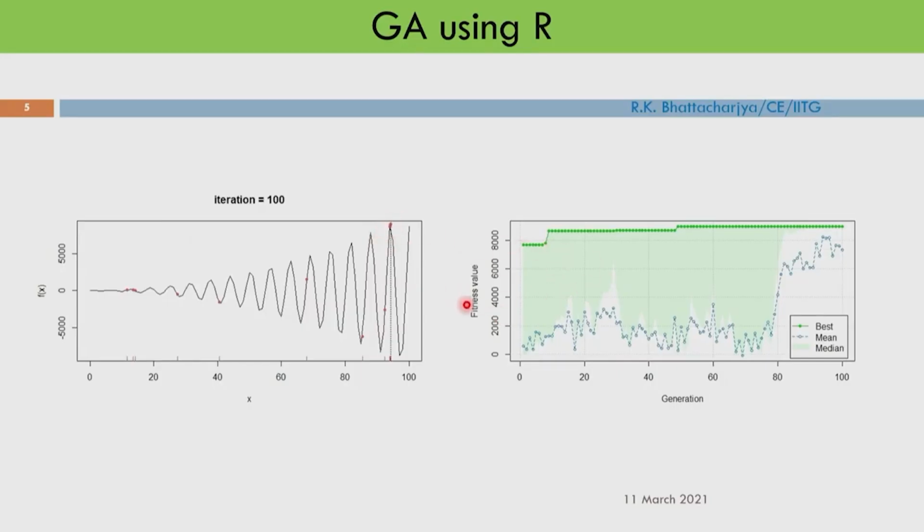You can also see the curve between fitness value and generation. You are getting the optimal solution at around 50 iterations, and it also shows how the mean value is increasing, and at the end all the values are near the global maxima. So this problem we also solve using genetic algorithm.